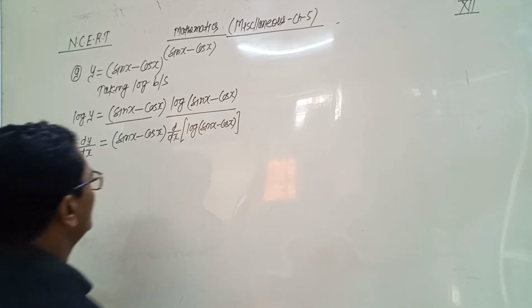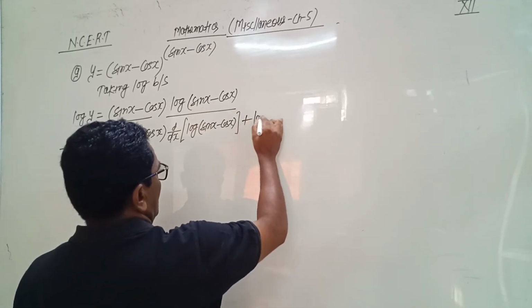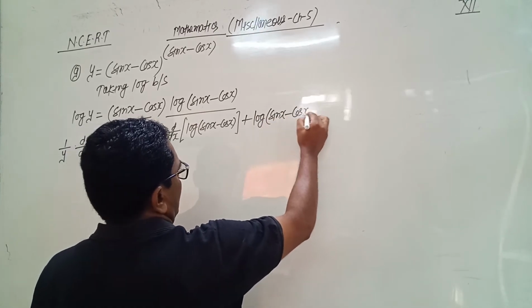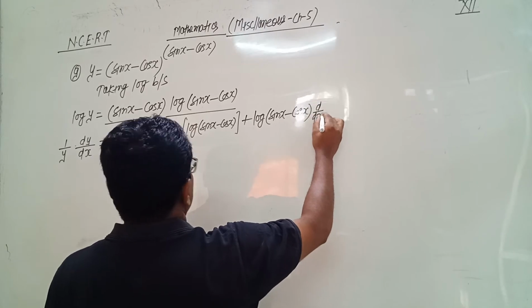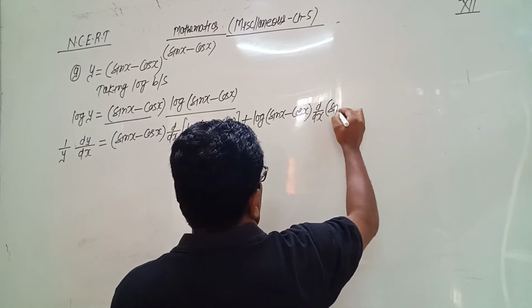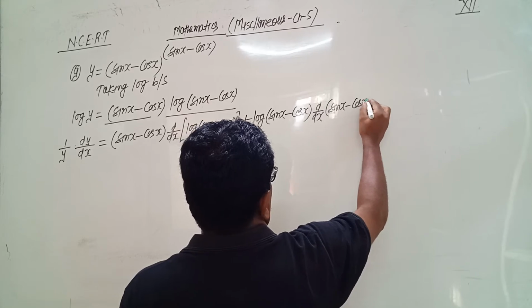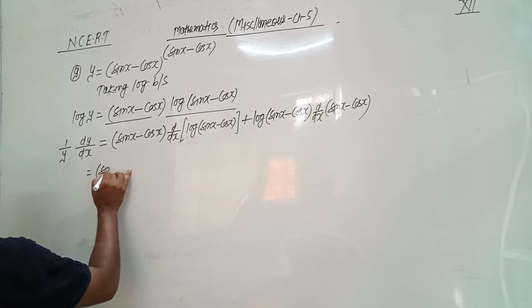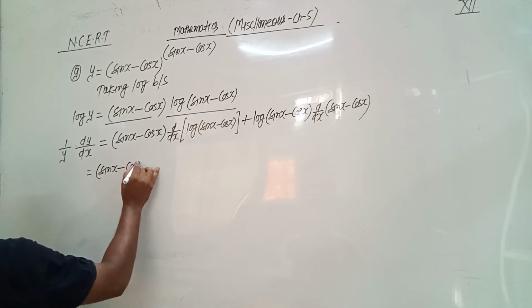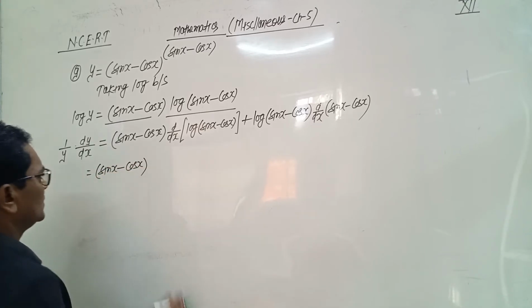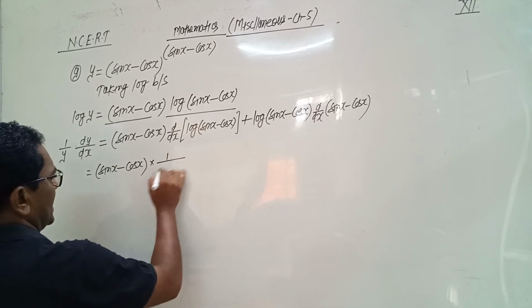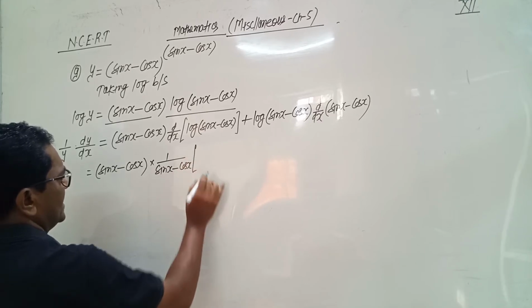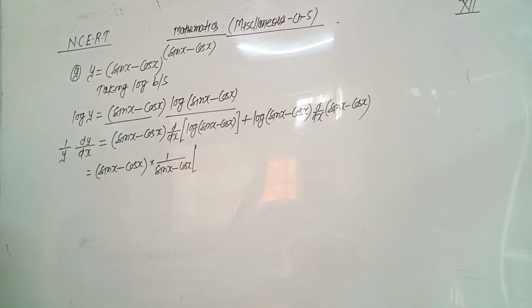Then plus v as it is, so log (sin x minus cos x) as it is, and d by dx of u, means d by dx of (sin x minus cos x). So sin x minus cos x, and differentiation of log x is 1 by x, means 1 by (sin x minus cos x), and drop log.